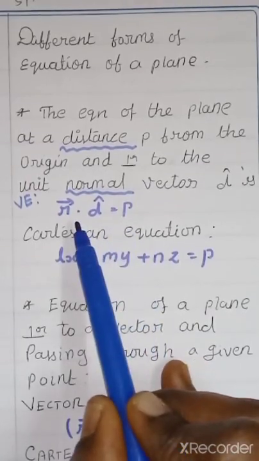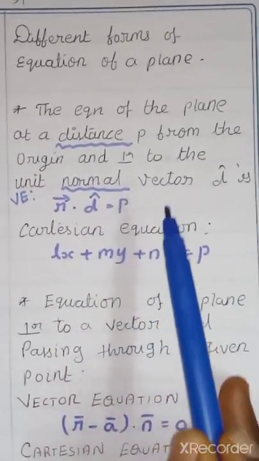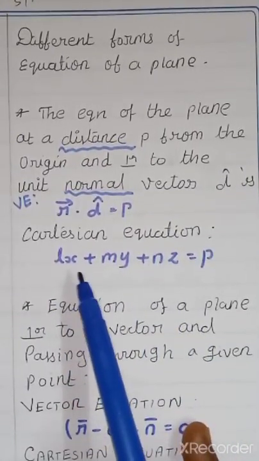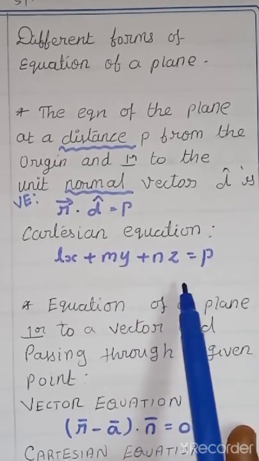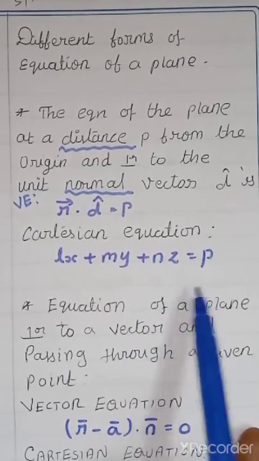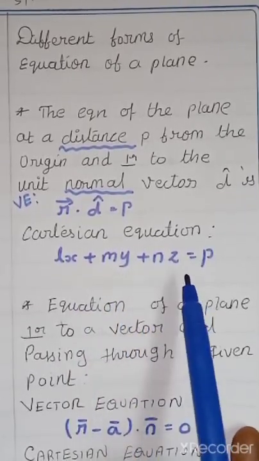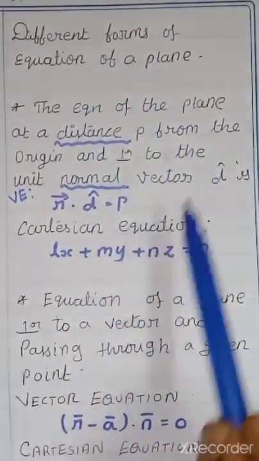For the same distance and normal vector to a plane given, your Cartesian equation is Lx plus My plus Nz equal to p. Is that okay? Now, this is your first form.